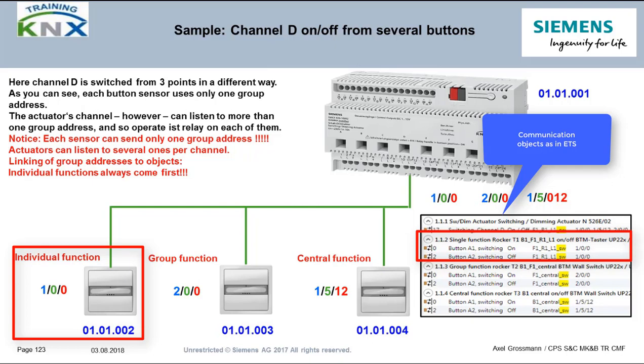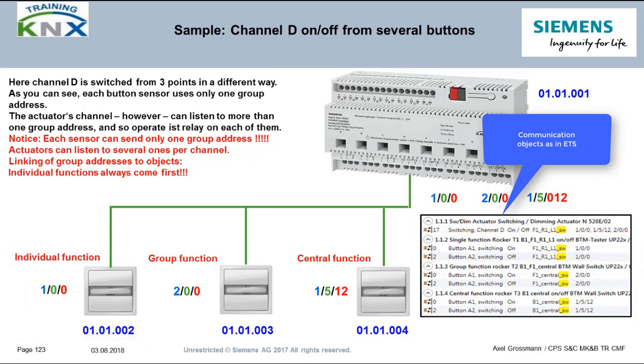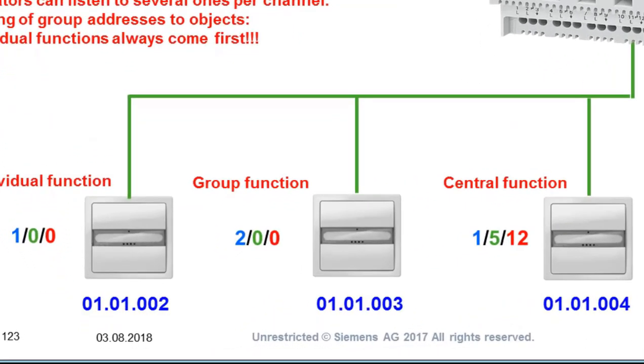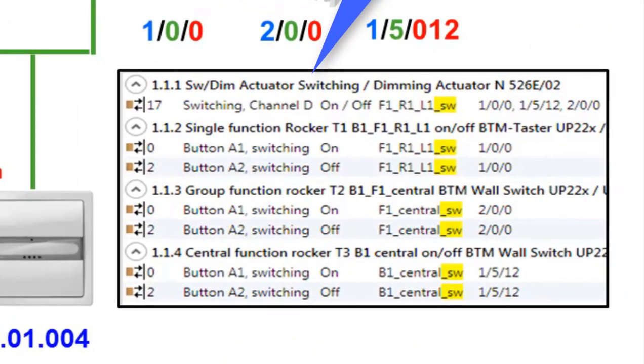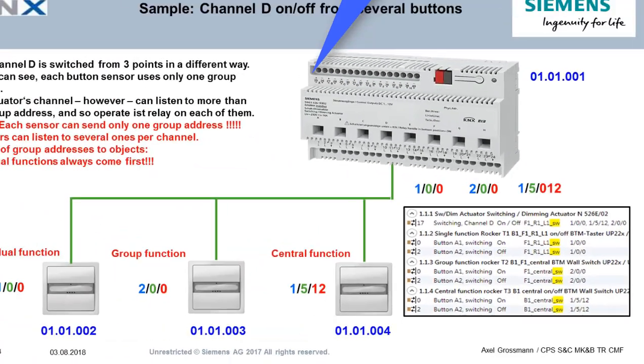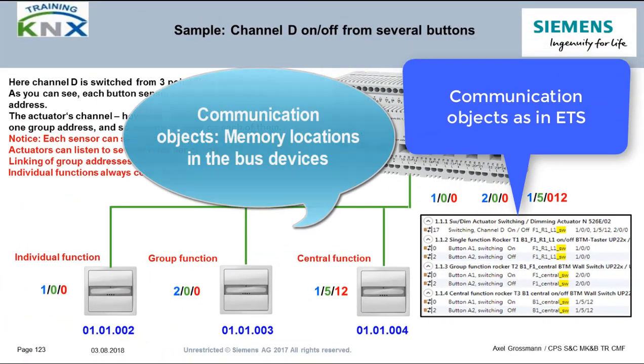For each of these three groups, another operation element is required. In our case, we have three single rocker push buttons. The groups are linked to the corresponding objects of all subscribers, actuator and sensors. What are these objects? Actually, they are nothing else but a place in the memory of the bus device.